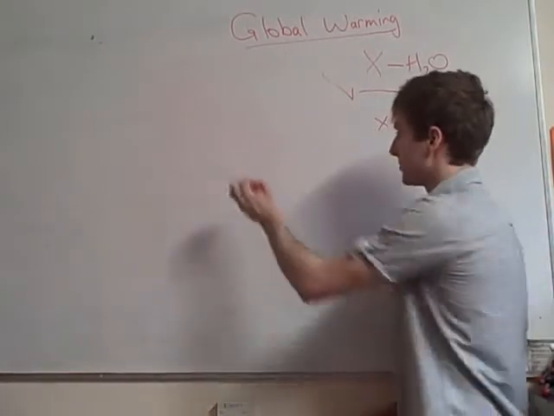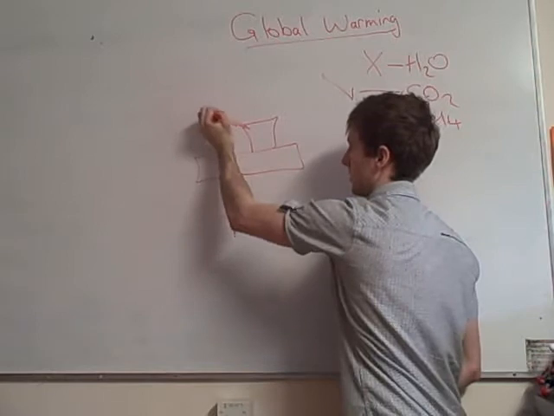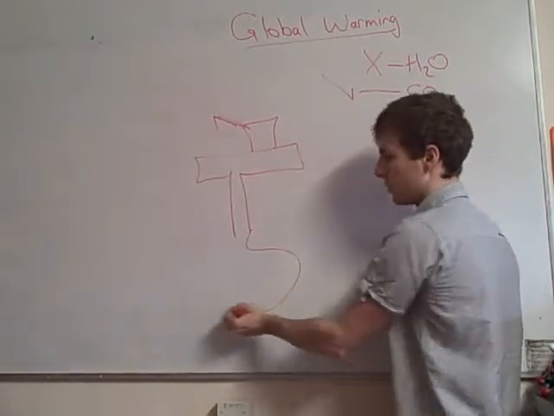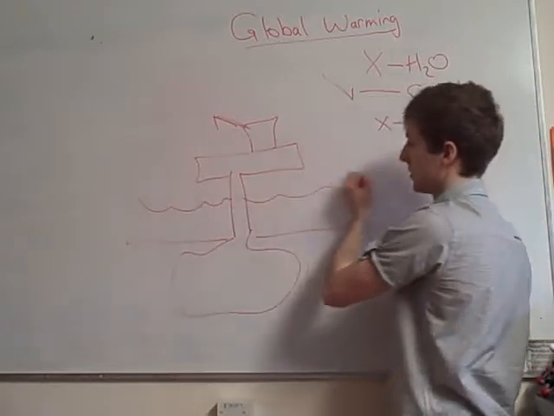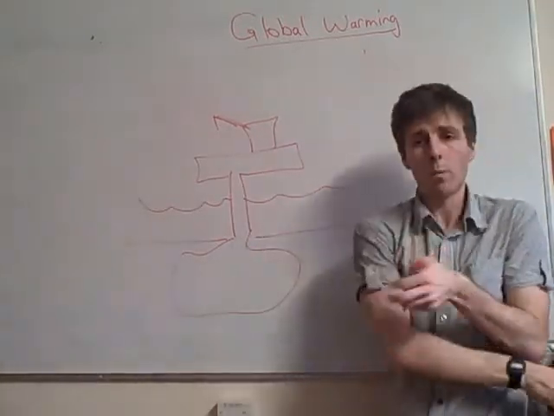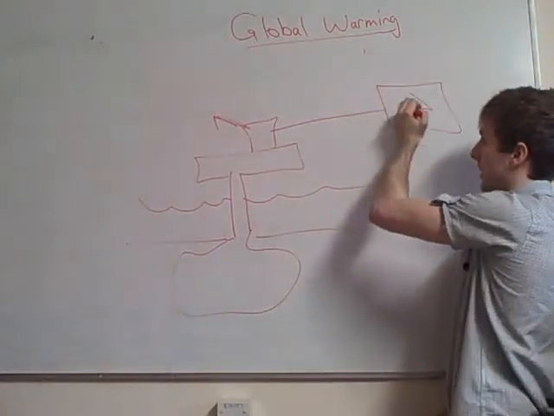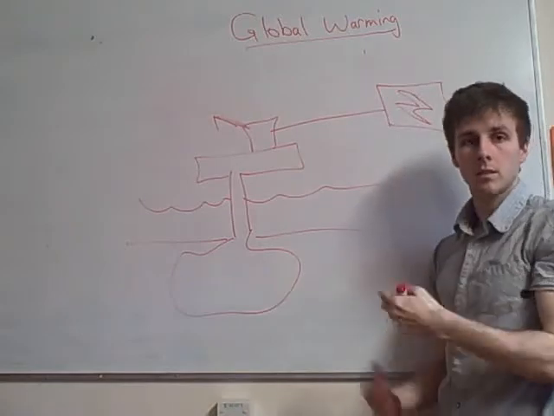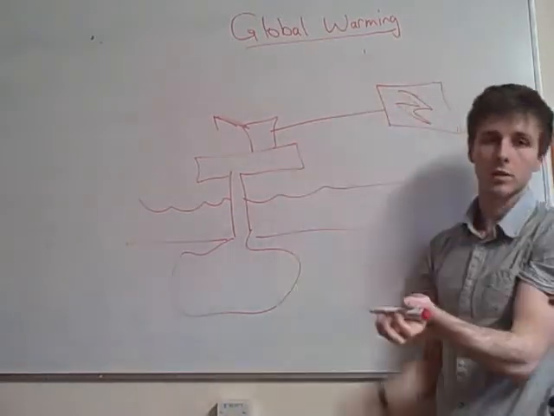Another thing we can do, here's my oil station, here's my oil deposit under the sea, and usually what happens is we pump the oil out, we send it to the electricity station where it's burnt to make electricity, and all the carbon dioxide gas gets released into the atmosphere.